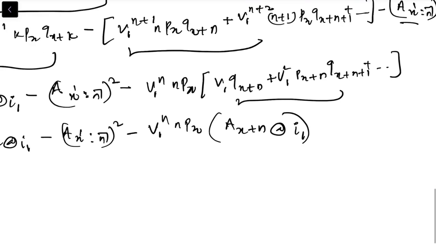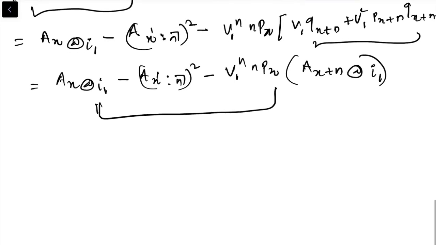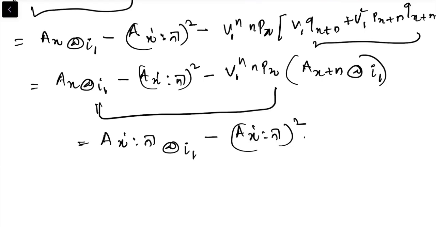All right, so now combining these two terms, we can say this is A^1_x:n operated at i', and this is (A^1_x:n) whole squared operated at i.